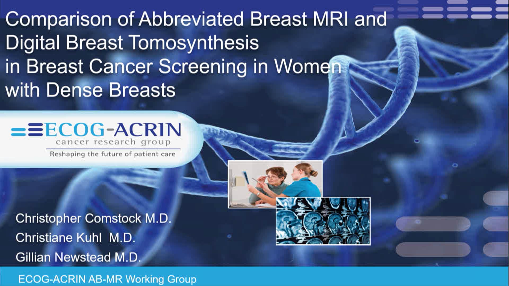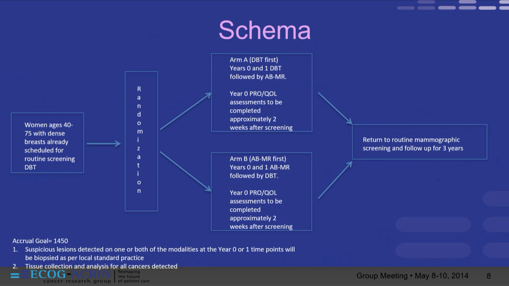But if you look at most, if not all, of the data showing it was comparable to full MR in terms of sensitivity, they were reader studies where the patients had a full MR, but then they stripped out some sequences and did a reader study. So we really wanted to do a study where the only sequences the patient got was the true abbreviated MR. So we embarked on this multi-center trial comparing abbreviated MR to patients getting screened with tomosynthesis.